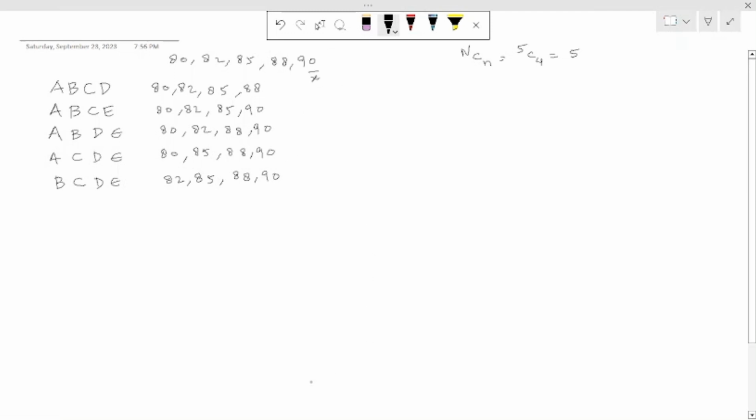We will now compute the mean values. The mean values would be 80 plus 82 plus 85 plus 90 would give us the sample mean value of 84.25.